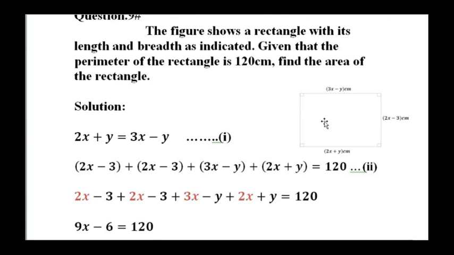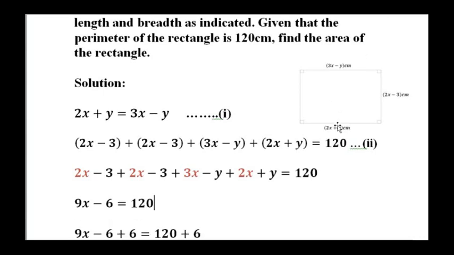Since perimeter is defined as the total distance covered by its boundaries or the sides, therefore I'll take the sum of all the sides of the rectangle equal to 120 centimeter, which means the length of the first side (2x - 3) plus the opposite side (2x - 3) plus the upper side (3x - y) plus the opposite side to the upper side (2x + y) equals 120 centimeter. I'll name this equation 2.